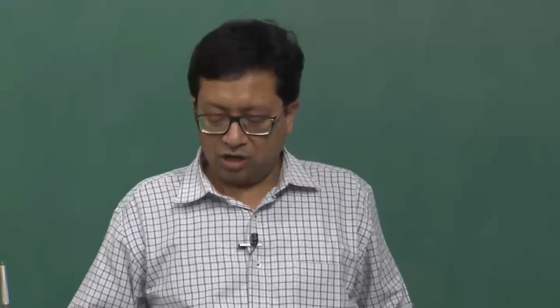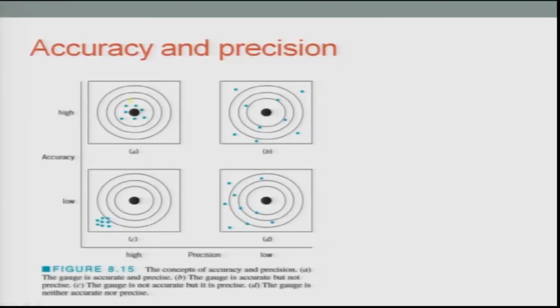So, that value may be wrong, but that is a secondary question. If you concentrate on figure A, they are actually right, because they are in and around the actual value, which is the big dot shown here, and they are all concentrated in and around the black dot, which means that they are quite precise in their estimation.